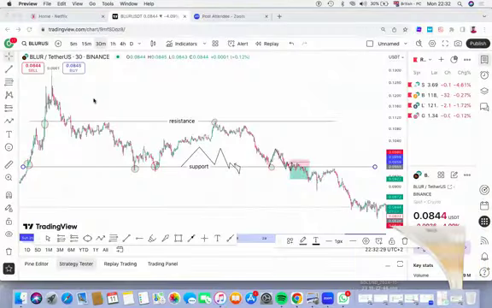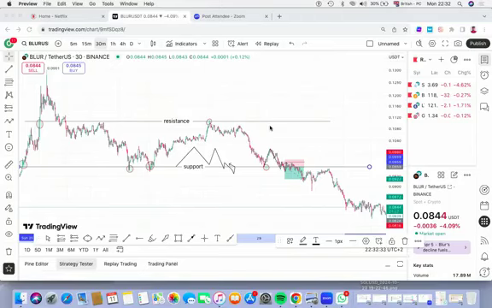So a quick recap on what we talked about today. What's the name of the app you are using? The name of the app I'm using is TradingView. You can find it on your app store or your Play Store on your cell phone; it's called TradingView.